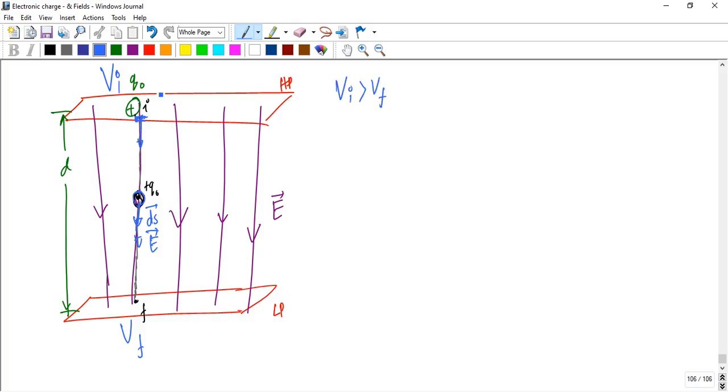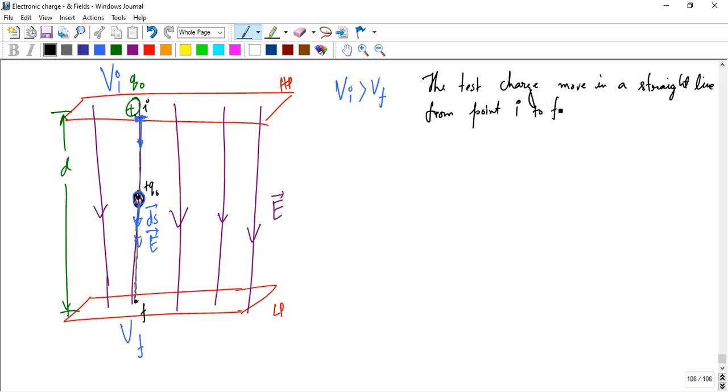Now note that the test charge moves in a straight line from point I to F, along the direction of a uniform external electric field.